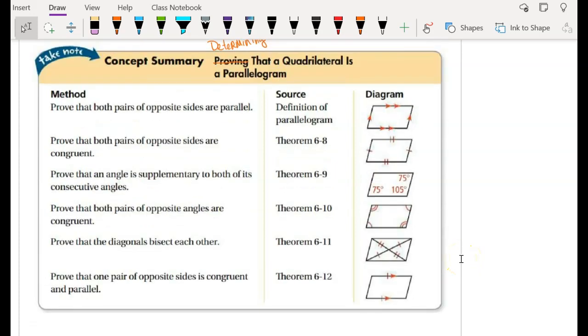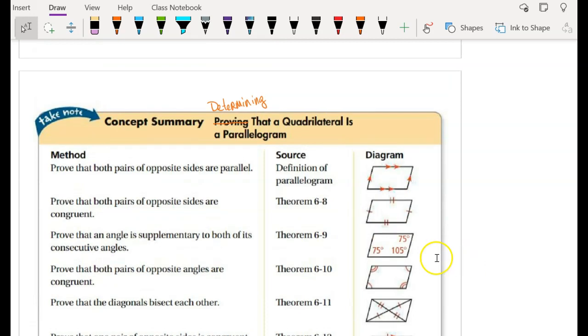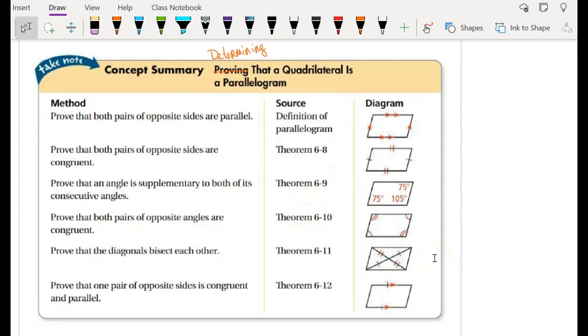Each concept is probably, I wouldn't say they're that difficult, but there's a lot of them. So I like to call this material dense. So you will need to make sure that you can remember all of the methods that you can use to determine that a quadrilateral is a parallelogram.